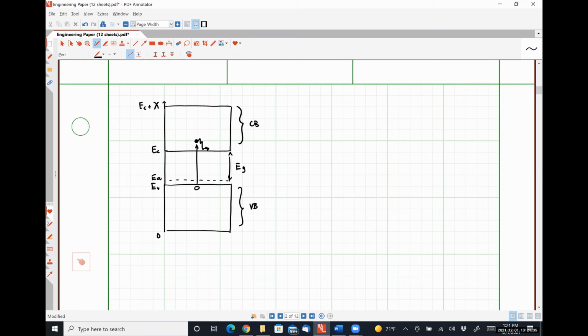It's a little bit above the edge of the valence band, right? So this distance is somewhere around 0.05 electron volts. So let's say that this thing right here represents one of our acceptor atoms, right?